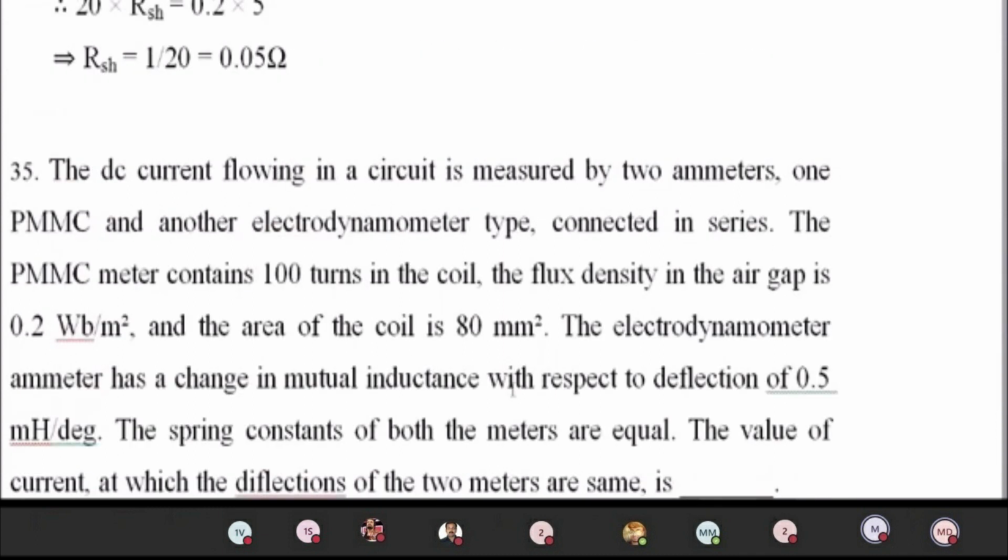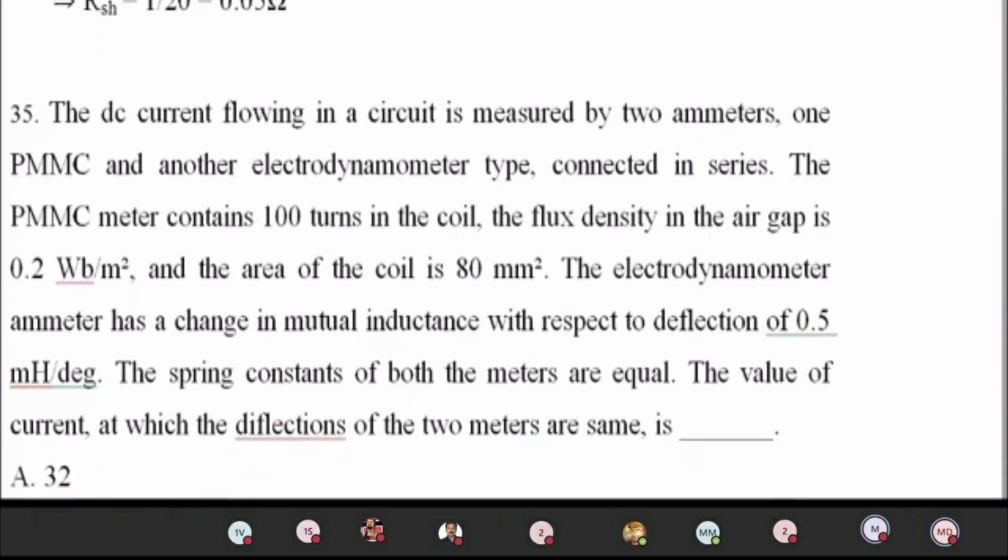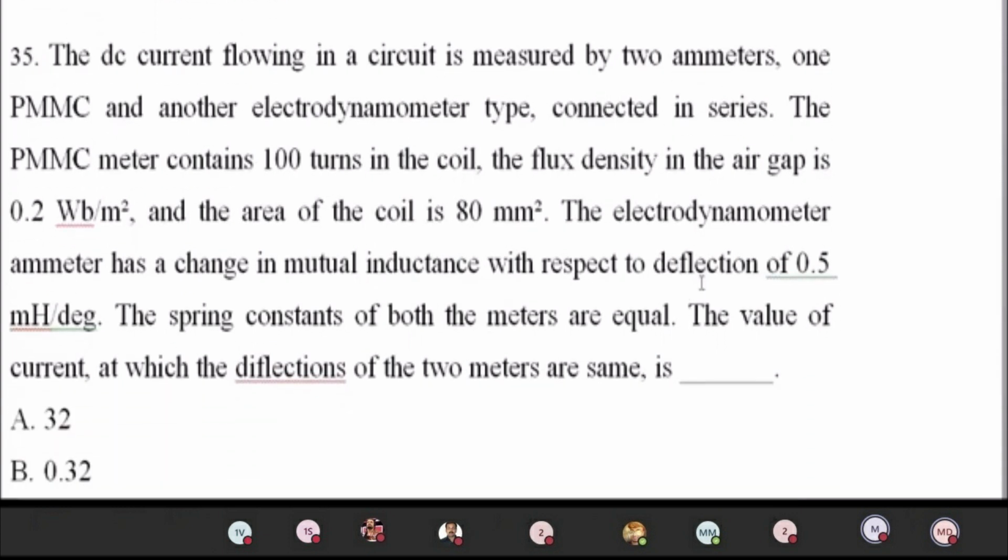So the next question seems to be the biggest one. Okay, we can try to solve it. The DC current flowing in a circuit is measured by two ammeters, one PMMC and another electrodynamometer type, connected in series. The PMMC meter contains 100 turns in the coil.